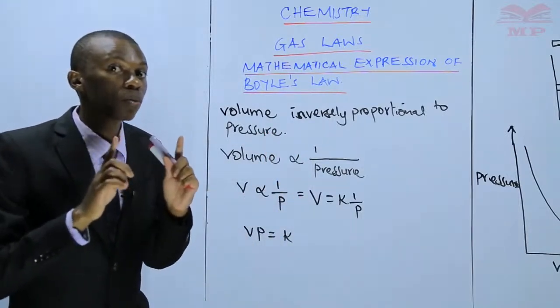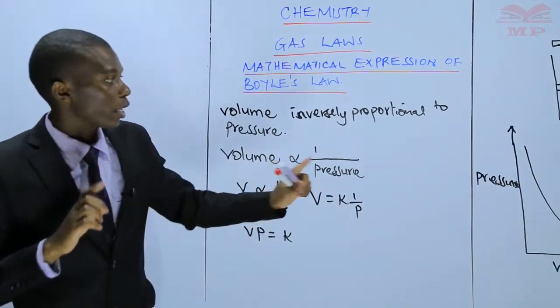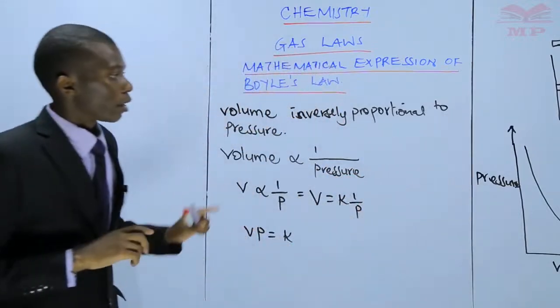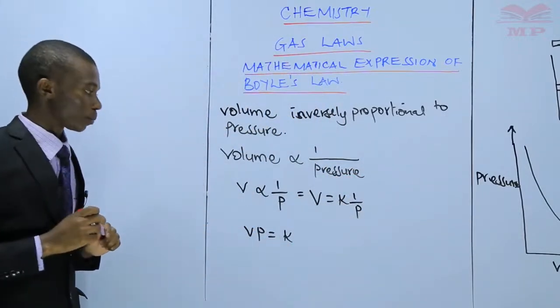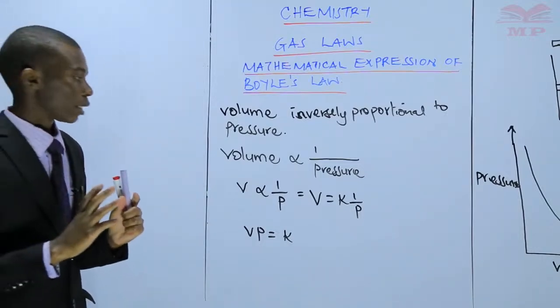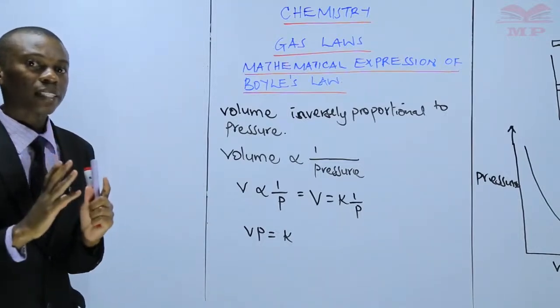Remember again, you have seen that the volume cannot be 0 and the pressure cannot be 0 in this graphical representation.